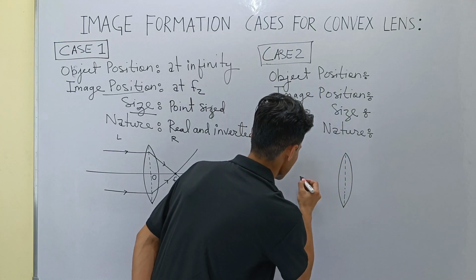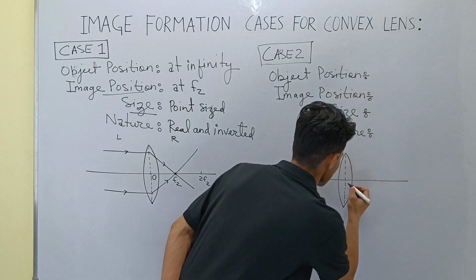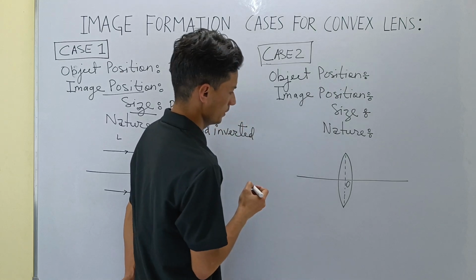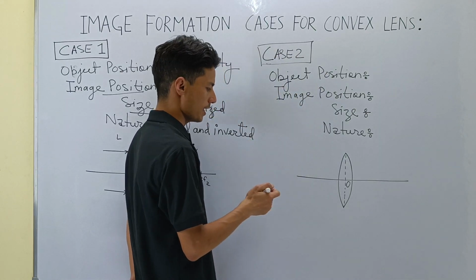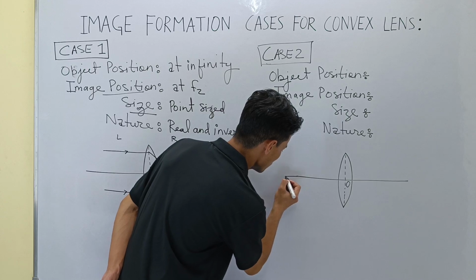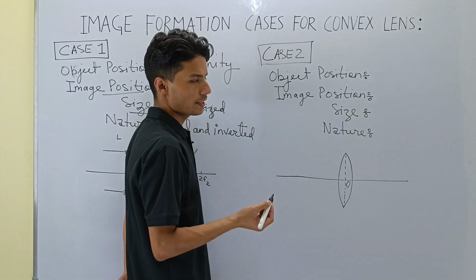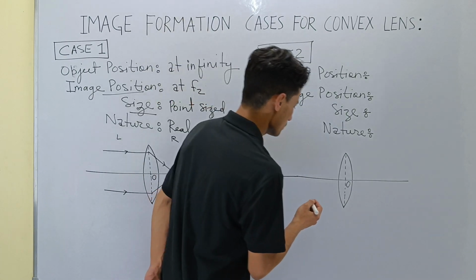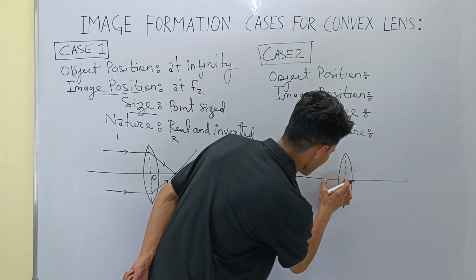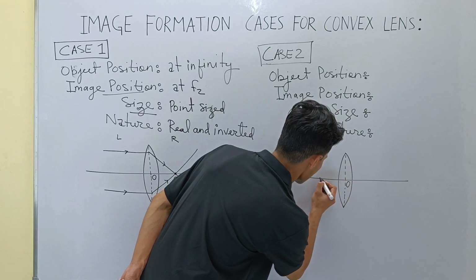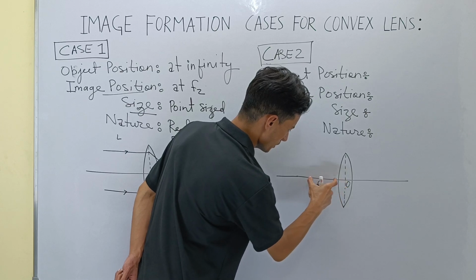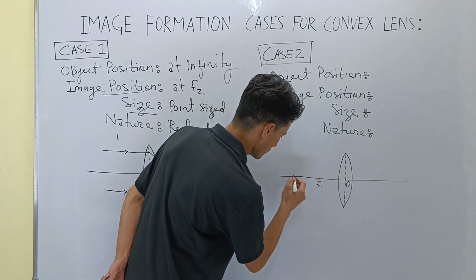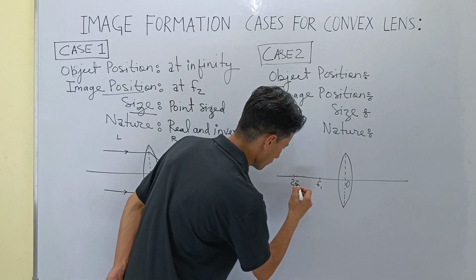Okay, then the principal axis which passes through the optical center. Then now let's mark our f1 and f2, similarly 2f2 and 2f1 also. So for that, let's say this much is my focus, so I'm going to use this as my f1. So I'll measure the same distance and go back again and then mark here. So this will be my 2f1.